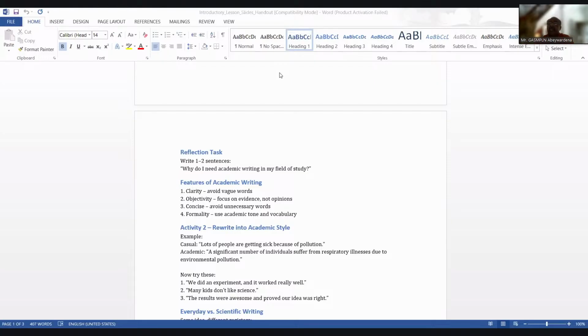In a field of study, academic writing is required, or academic writing is useful, essential in any field of study to express ideas clearly and support with evidence. You can change it a little bit.